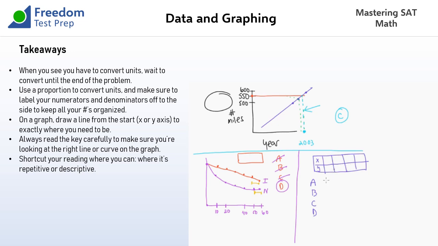And it might be y equals 2x squared plus 1, y equals 14 plus 3 to the x, right? It would just be various equations. And all you need to do is plug in the various answers.